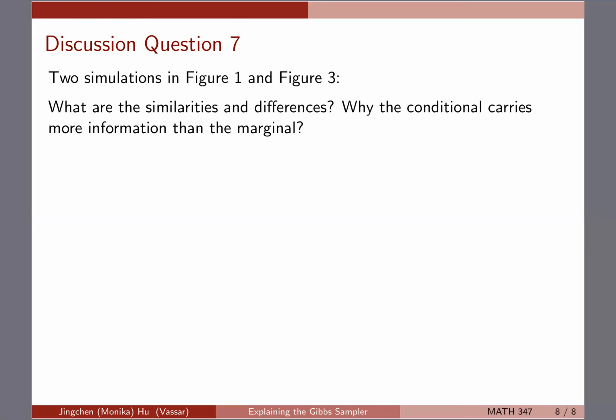And in figure 3, you're plotting the expectation of x given y, which is achieved by this 2.11 equation. So does anyone want to end with the implication of the conditional carrying more information than the marginal? Maybe anyone from that part of the classroom?